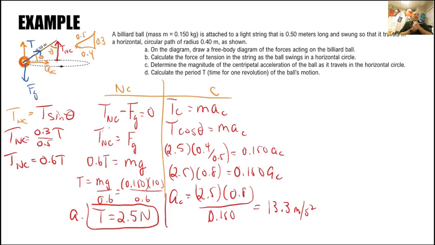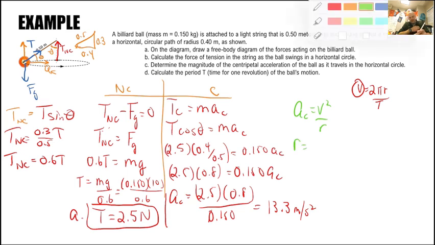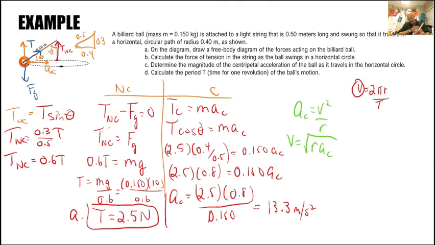All right, part D says calculate the period or time for one revolution of the ball's motion. Well, we know the equation is going to be 2 pi r over T, but we don't know what v is. But v we can find from a_c equals v squared over r. So we want v. So v will be the square root of r a_c.